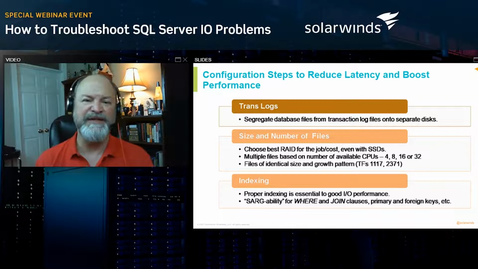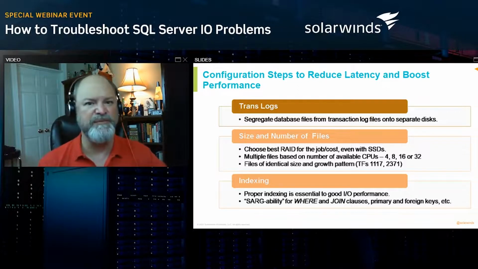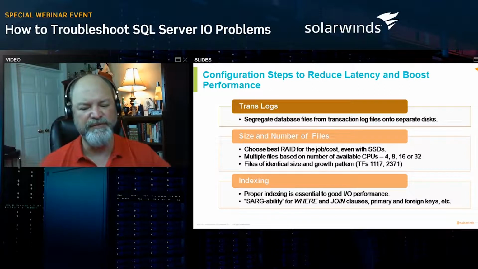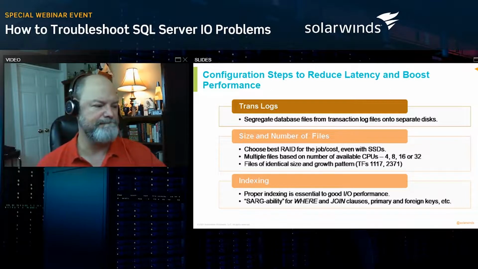And then after that, that's when you need to get the math out. Maybe you go up to 32, but it's rare that you will see a benefit from having a large number of files on a medium or light usage database, okay?